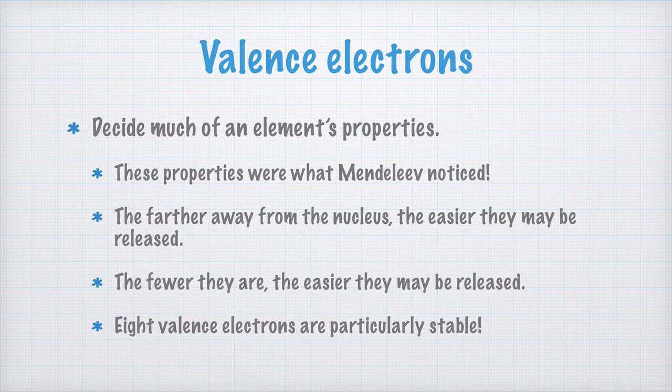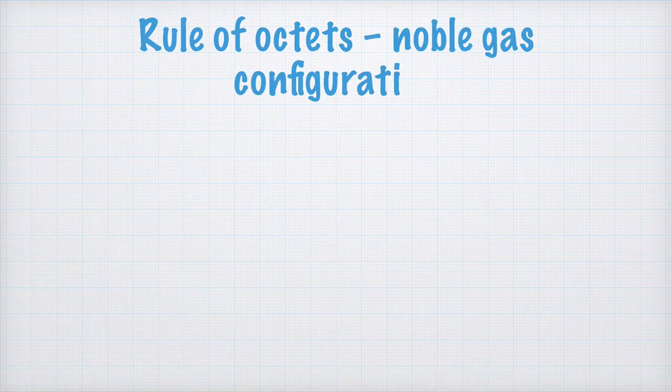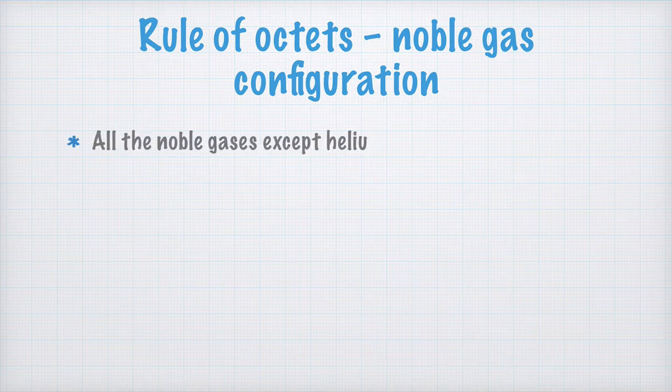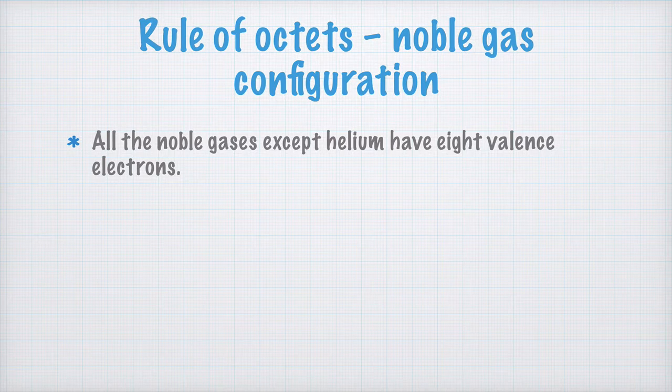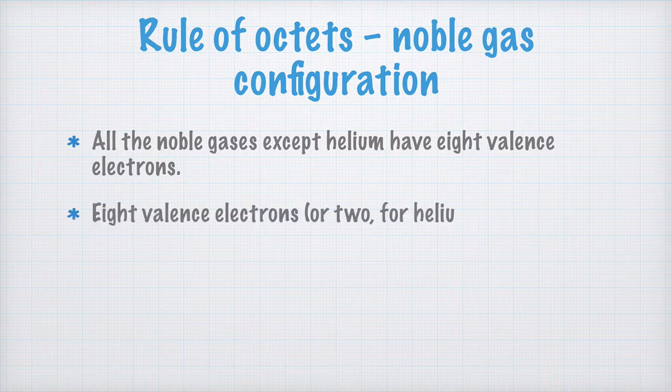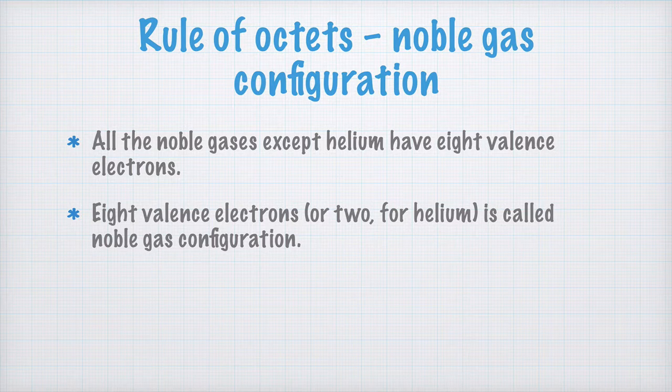The thing with 8 valence electrons, it is so important that we should dive a little deeper into it and talk about the rule of octets, or even better, noble gas configuration. It is like this, that all the noble gases, except helium, have 8 valence electrons. Having 8 valence electrons, or 2 for helium, is called noble gas configuration.